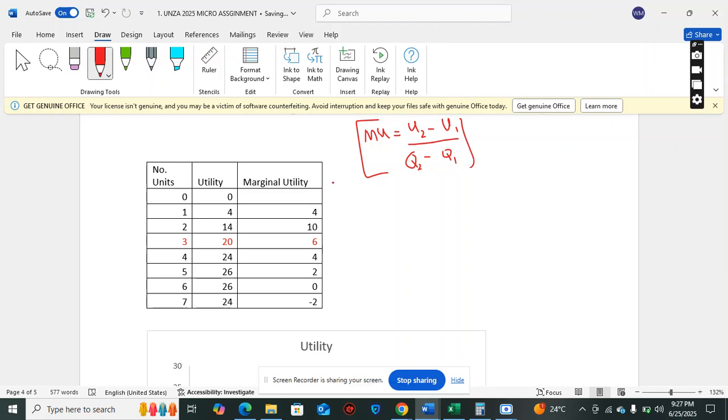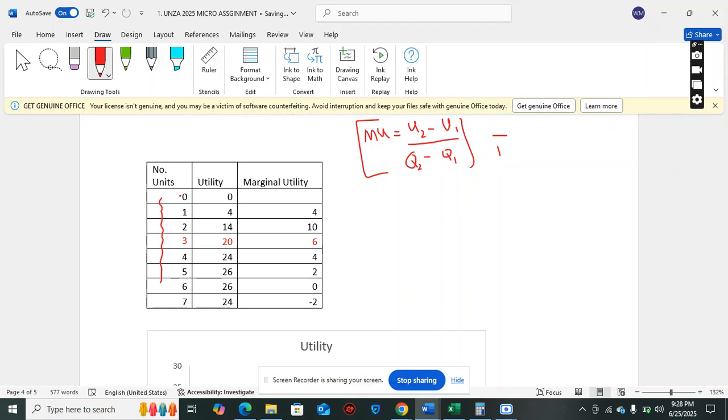As we can see here, the number of units is just increasing by 1. So it means here this Q2 minus Q1, the denominator is always going to be 1. Because the number of units are increasing by 1. So our denominator here will always be 1. But where there will be some calculations is the top part, the numerator.